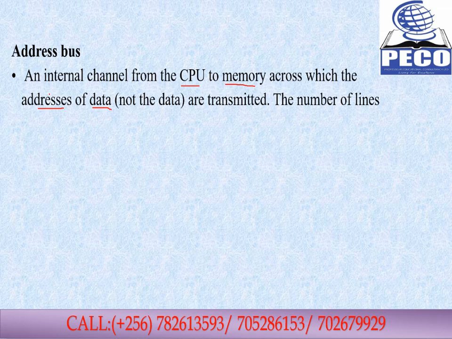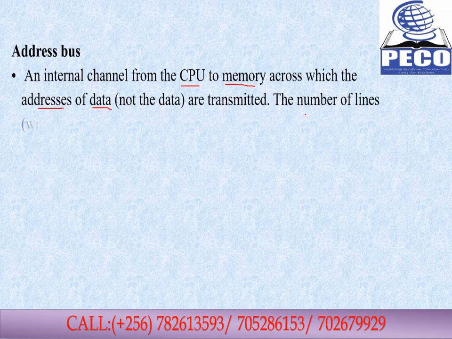Like even you, when you are in school, if someone is to direct how best you can be located, they will say go to Senior 2 West, and someone can follow reading the classroom numbers until they locate you. So even in these channels, there are dedicated channels called the address bus for transmitting these addresses for accessing data items.